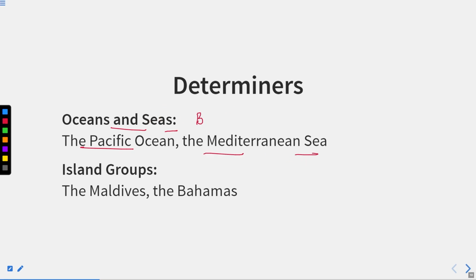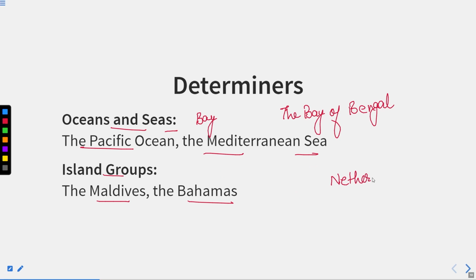For bays, for example, the Bay of Bengal, so I can use the over here. For straits, I can use the, for example, the Palk Strait. For island groups, for example, the Maldives, the Bahamas. Now you must have heard Netherlands. You must have heard Andaman and Nicobar.